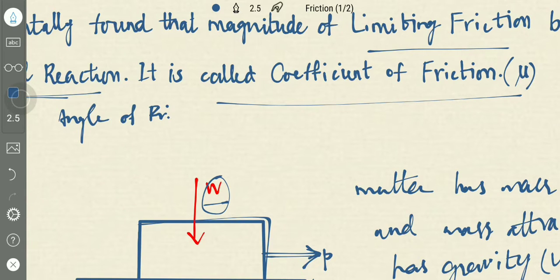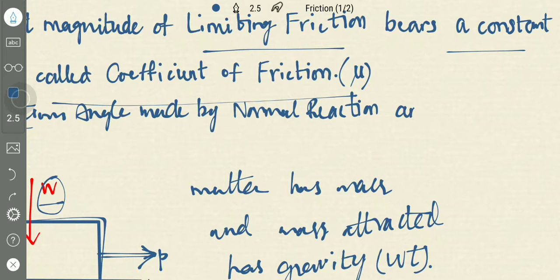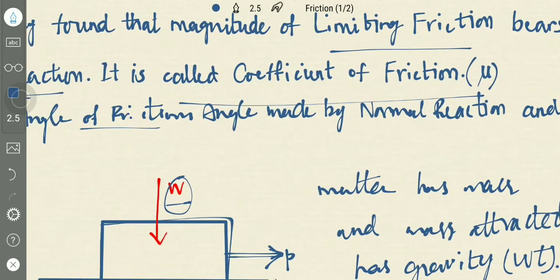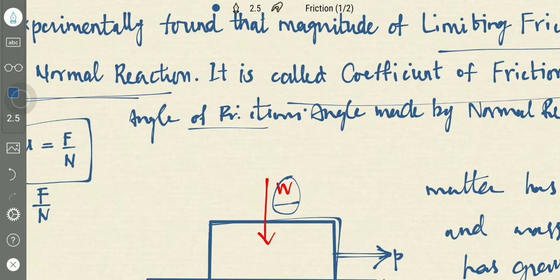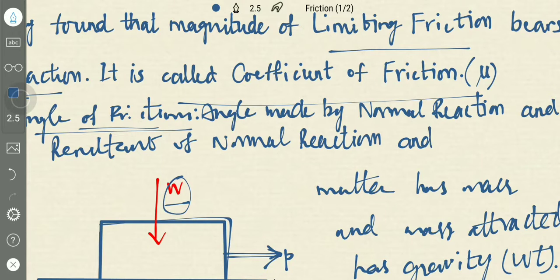Angle of friction is the angle made by the normal reaction and the resultant of normal reaction and frictional force.